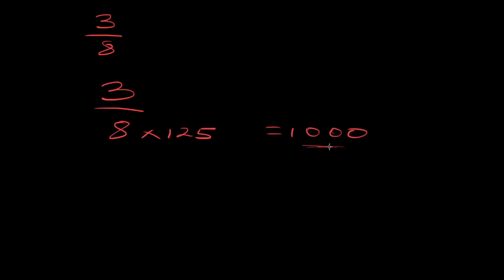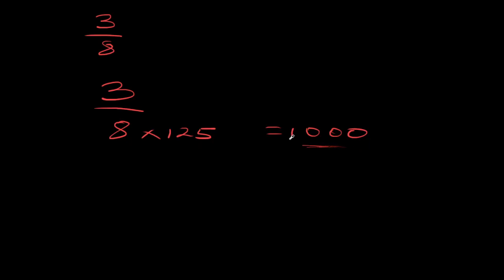So what are we going to do? We have to rewrite the 8 for it to look like one of those numbers. We know that when we multiply 8 by 125, that will give us 1,000. And this is what we're trying to look for.